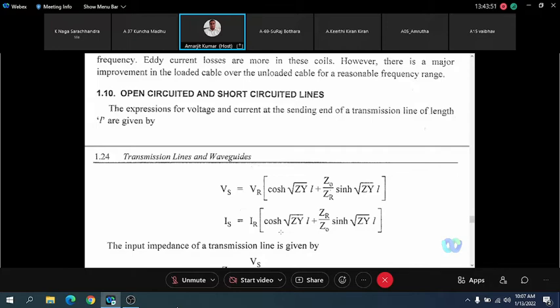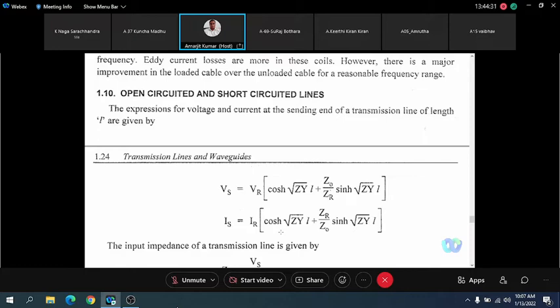The source voltage Vs, in terms of voltage at the receiving end VR, is VR times cosh(gamma L) plus Z0 upon Zr times sinh(gamma L). Gamma is equal to root ZY, Z0 is the characteristic impedance of the transmission line, and Zr is the termination impedance, or the load impedance, at the receiving end of the transmission line.